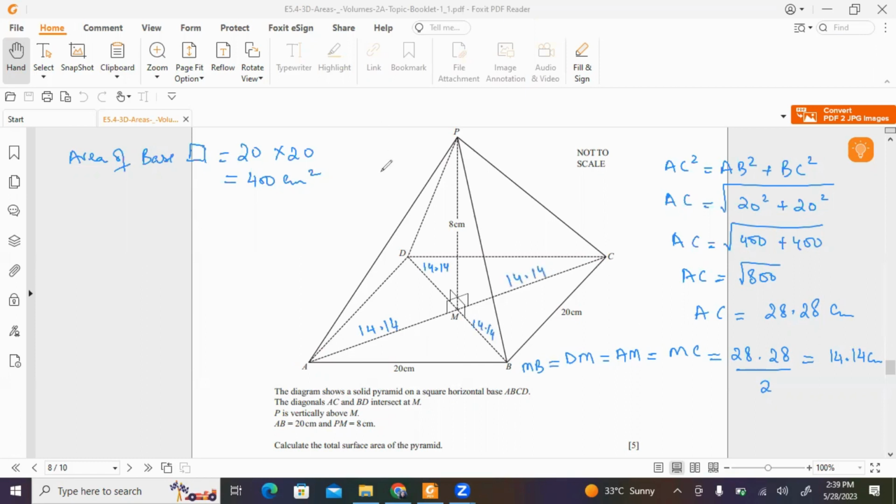Okay, next step is to find the length of PB. For the length of PB, we'll apply Pythagoras again. So PB is going to be the square root of 8 squared plus 14.14 squared.